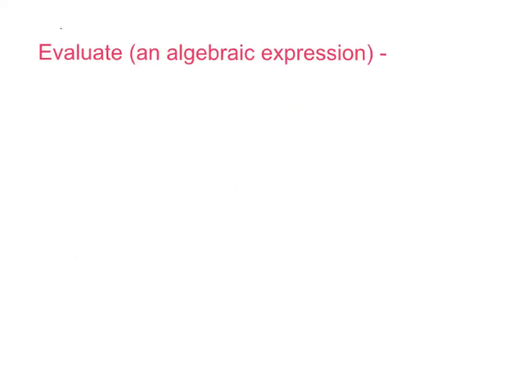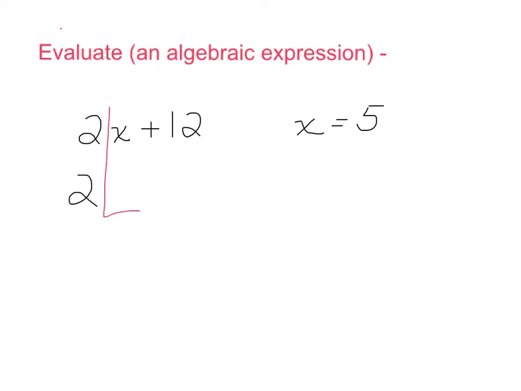When I begin talking about evaluating an algebraic expression, for example, if I gave you: evaluate the expression 2x plus 12 for when x is equal to 5, what I would basically do is take the 2, and instead of writing the x, I would plug in the 5, and then I would add 12.